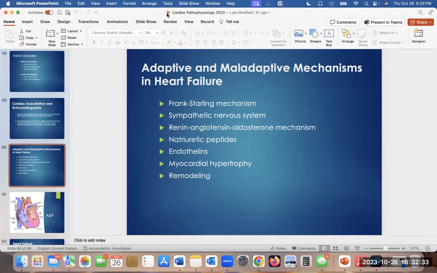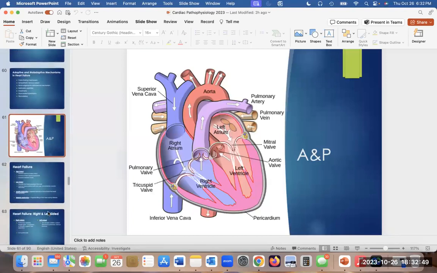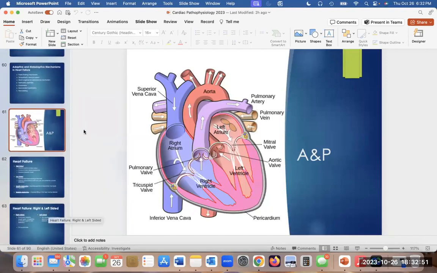So these are just different ways of the body naturally trying to reduce or fix issues when we have heart failure. And as I mentioned before, heart failure is the heart not being able to do its job, and its job is to pump blood to the body. So I would really know this. As I said, Balkan does like anatomy.